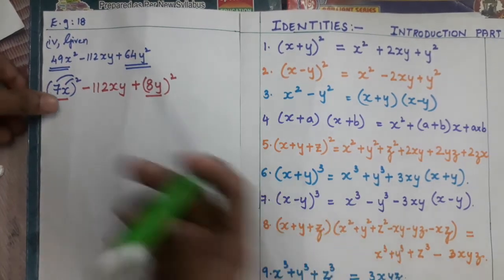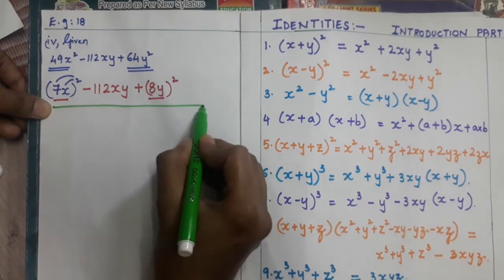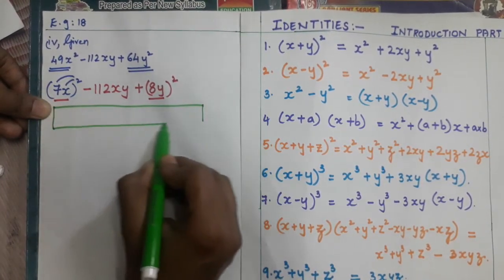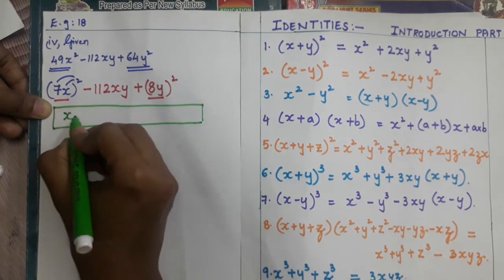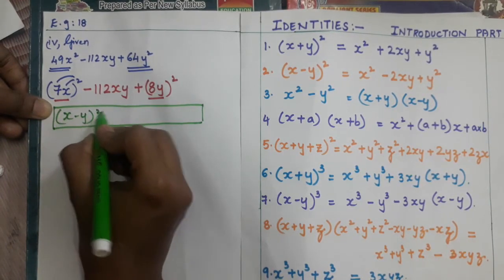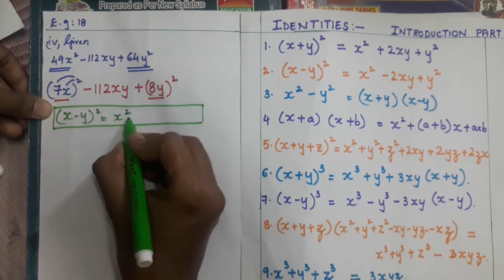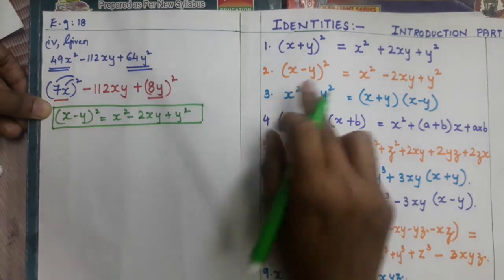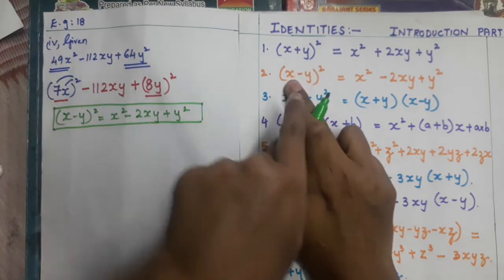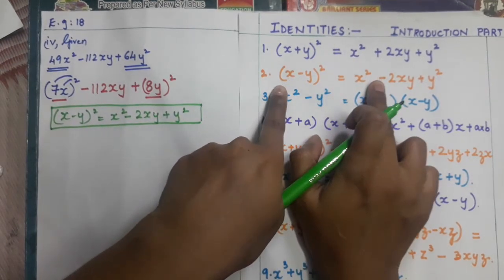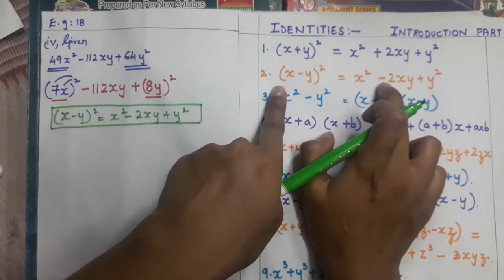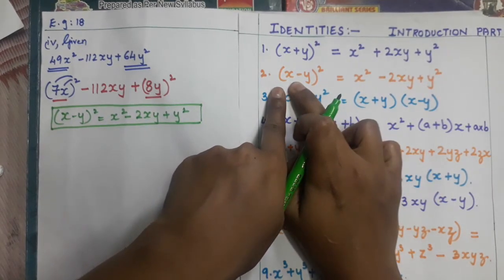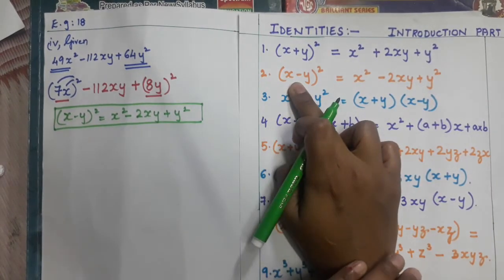Now I have to write the formula. X minus y whole square is equal to x square minus 2xy plus y square. They can give this side, children, and we have to convert into this form, or else they can give you this form and we have to convert into this. Already we have done this in 8th class, children.